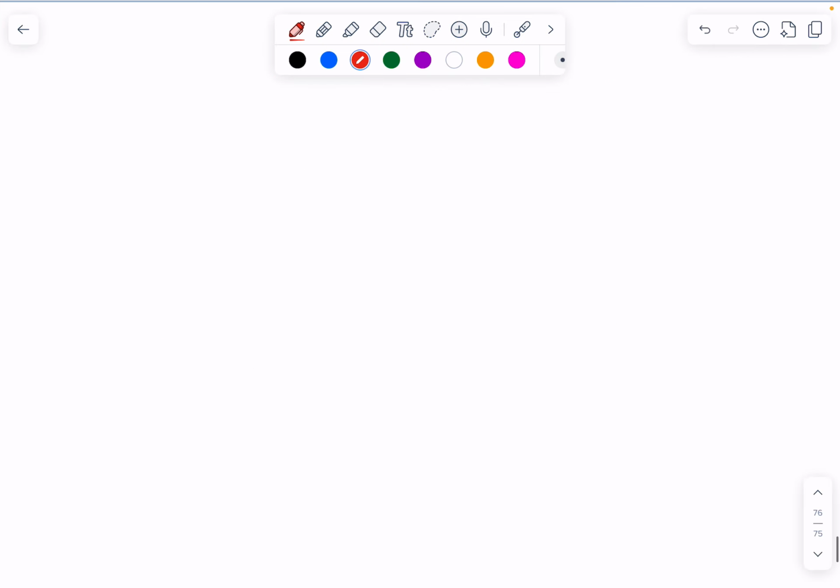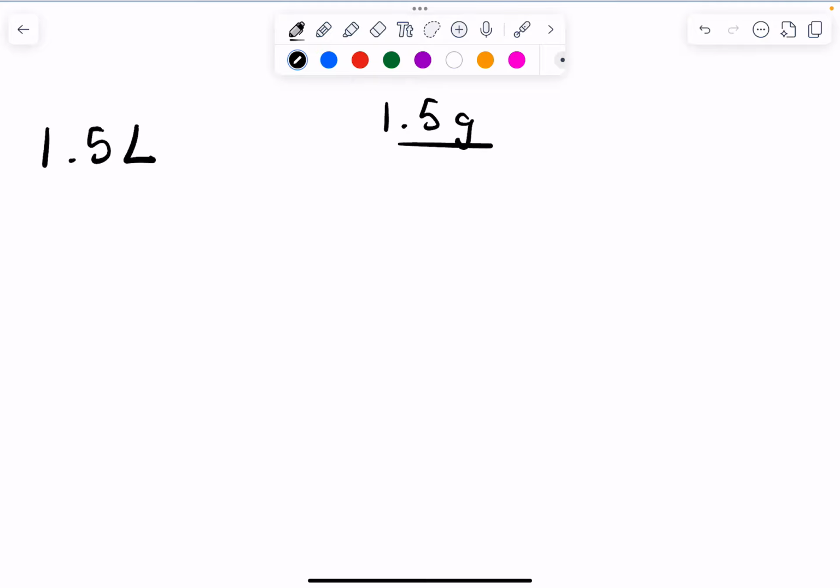So 1.5 liters is your starting thing. And then it was 1.5 grams per centimeter cubed. Okay, so the first thing to remember is centimeter cubed is equal to milliliter. Those are the same unit. So you can say 1.5 grams per 1 mL too.